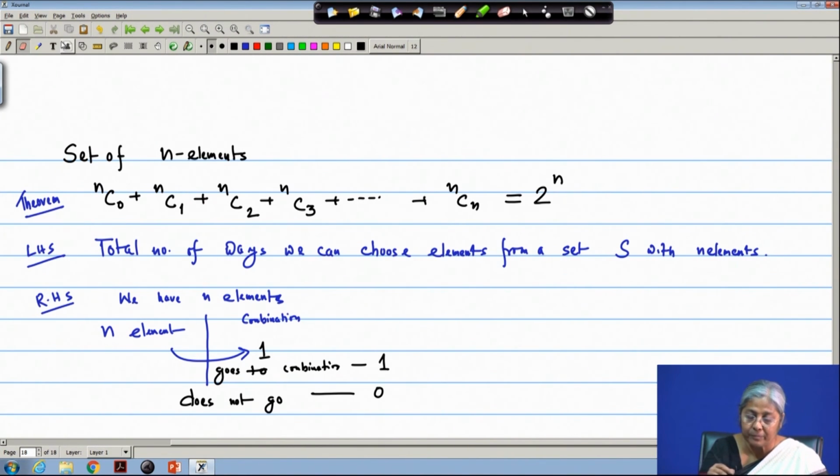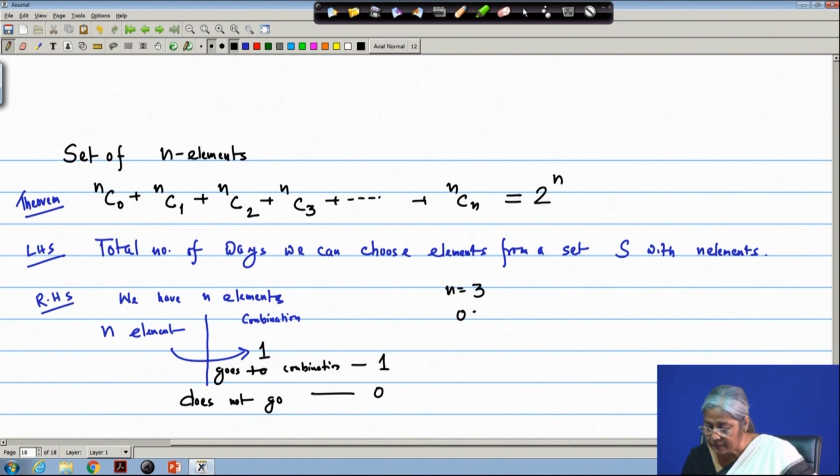If it is only n equal to 3, I can write 0 0 0, 0 0 1, 0 1 0, 0 1 1, 1 0 0, 1 0 1, 1 1 0 and 1 1 1. So, these are the ways. That means, here I have not chosen any element, here only this element goes to the combination, here this element goes to the combination, and so on. These are all the possible ways that we can take the combination.